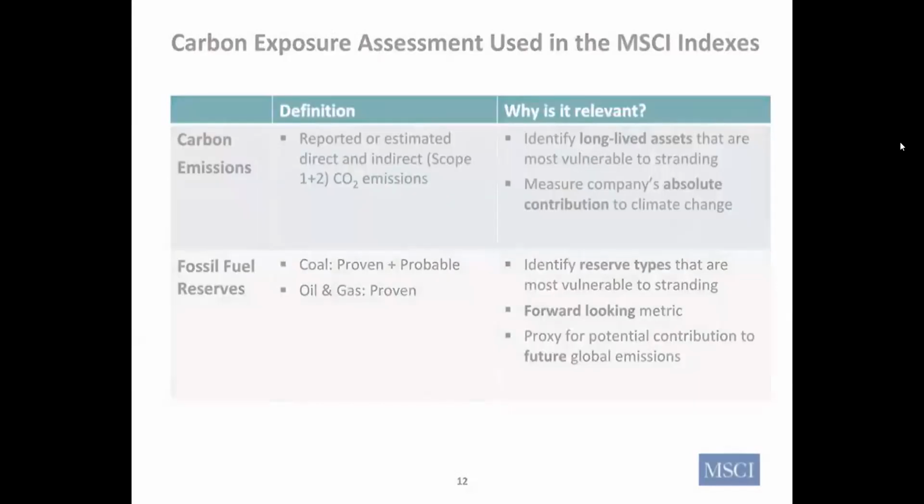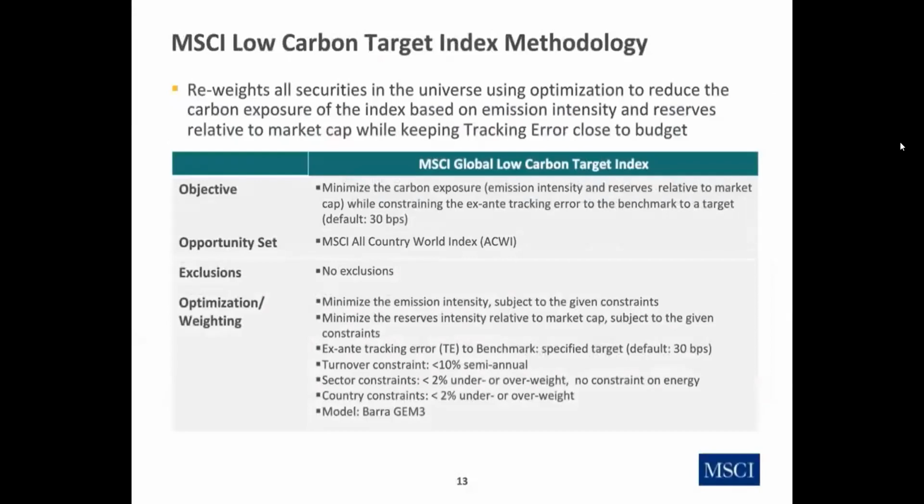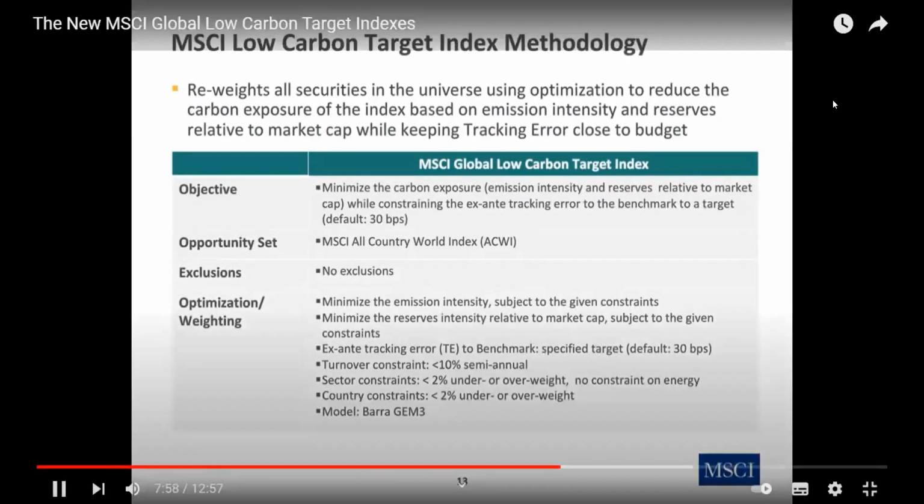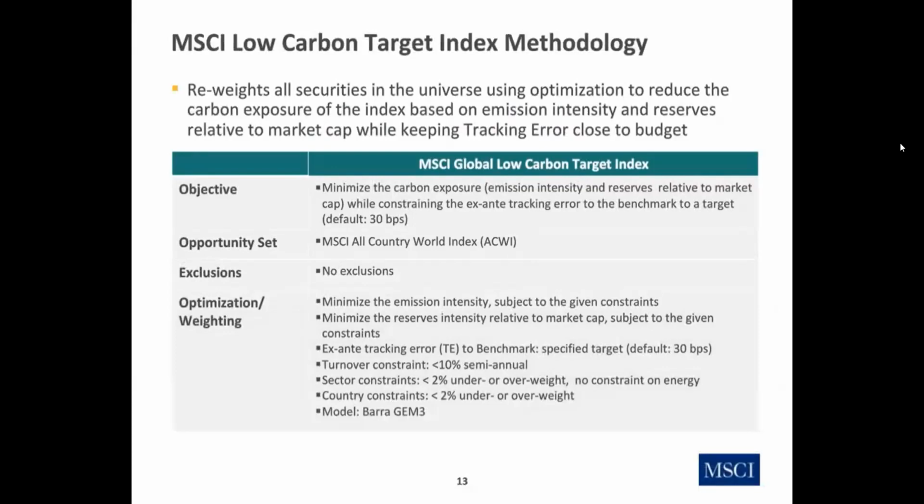Looking in more detail at the methodology, we can see that while minimizing for carbon exposure along these two key dimensions, emissions and reserves, the index also constrains tracking error to a target of 30 basis points and holds sector and country weights in check. With the exception of energy, all other sectors are held to plus or minus 2% of their weight in the parent broad market index.